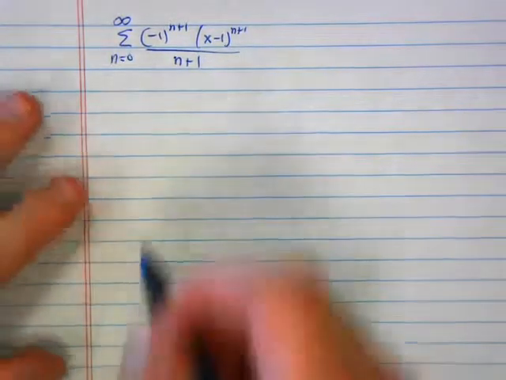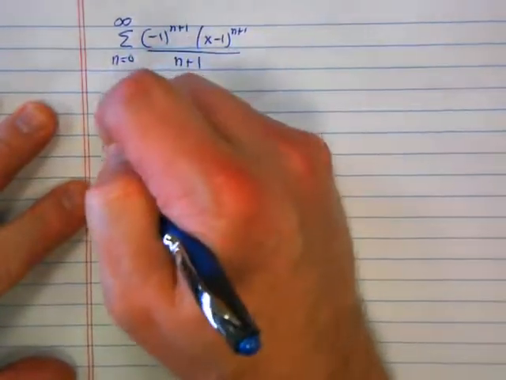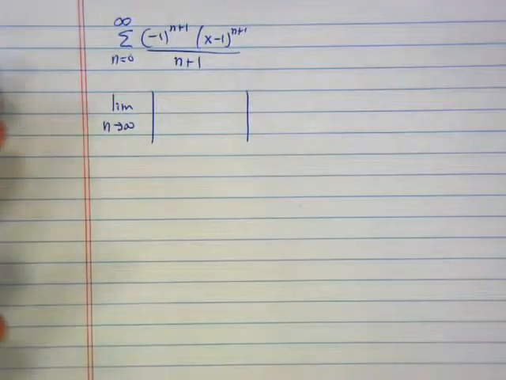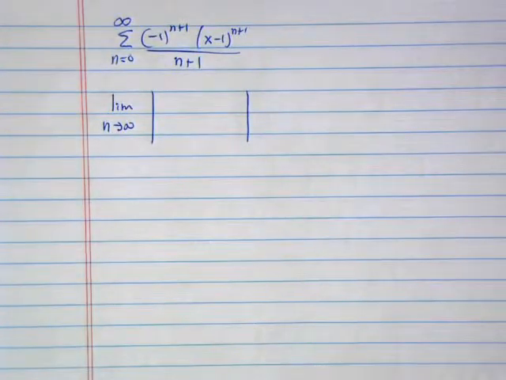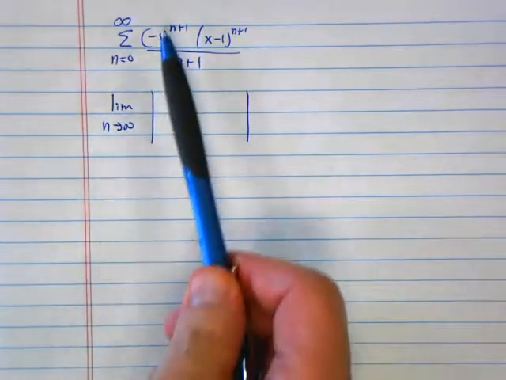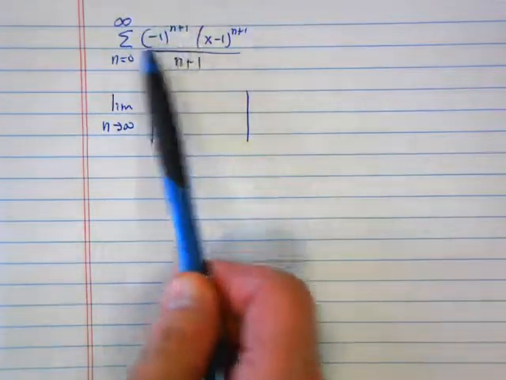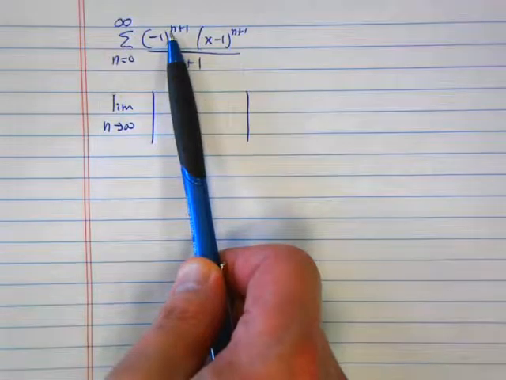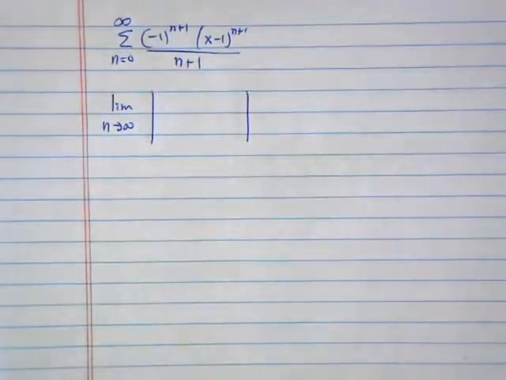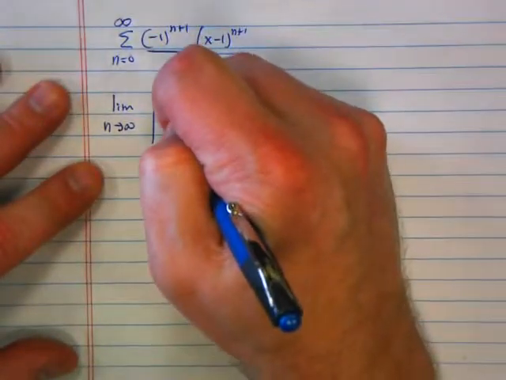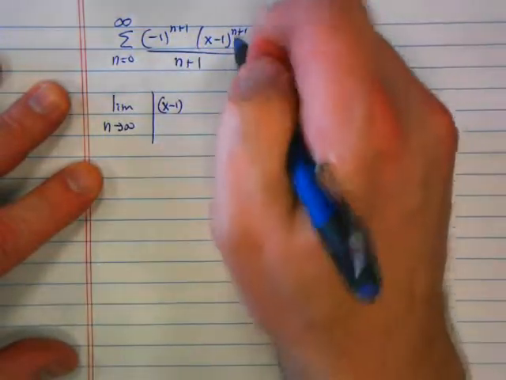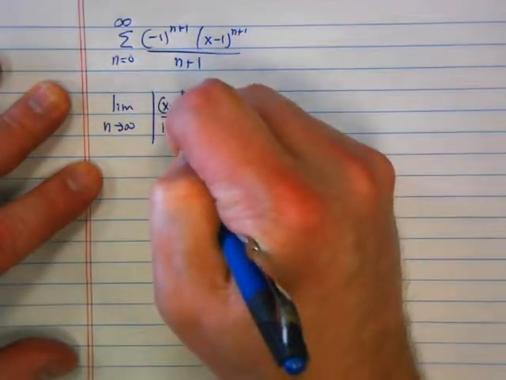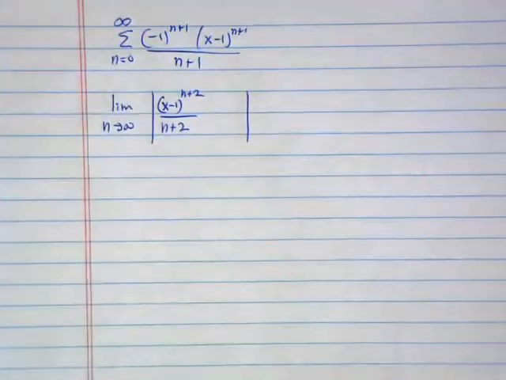We use our ratio test, limit as n goes to infinity. When I put absolute values on here, what's the absolute value going to do to this -1 to the n plus 1 piece? It's just going to make it a 1. It gets rid of it, so I'm not even going to bother writing it. So I'm going to have x minus 1 to the n plus 2 divided by n plus 2.